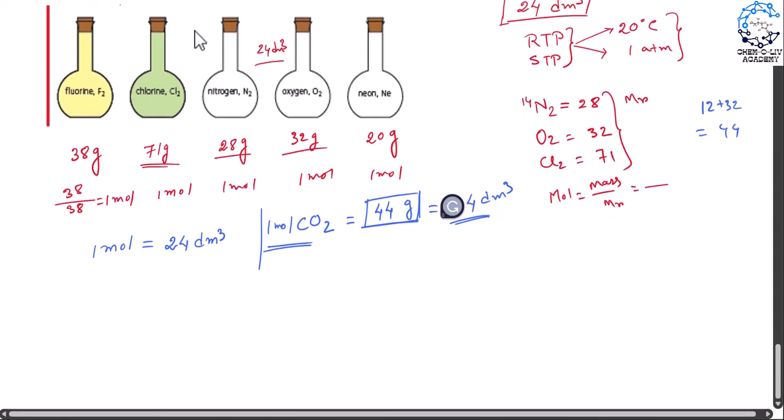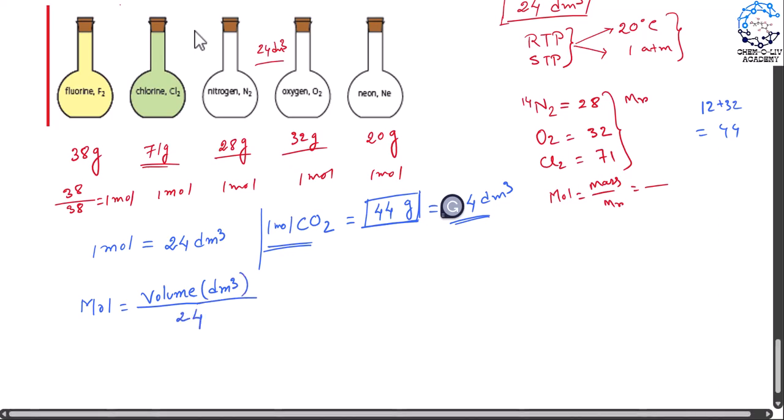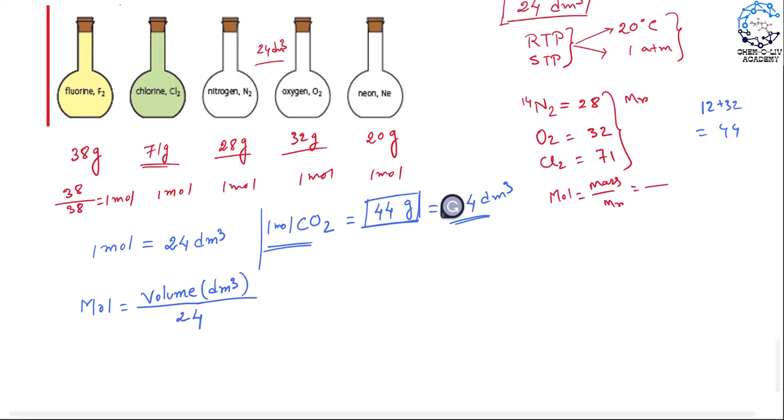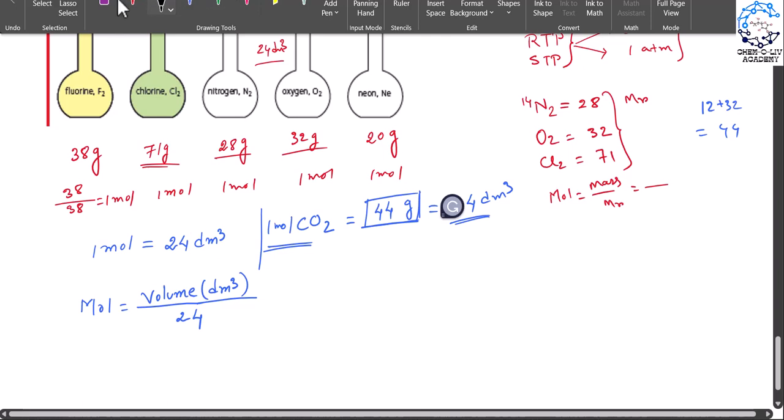Now we can construct a formula from here for easier calculation. So mole equals volume of the gas, which should be in decimeter cube, divided by 24. Let's see one quick question to understand it more clearly.